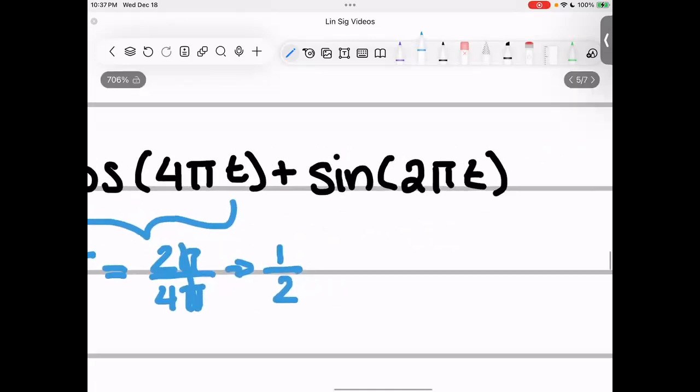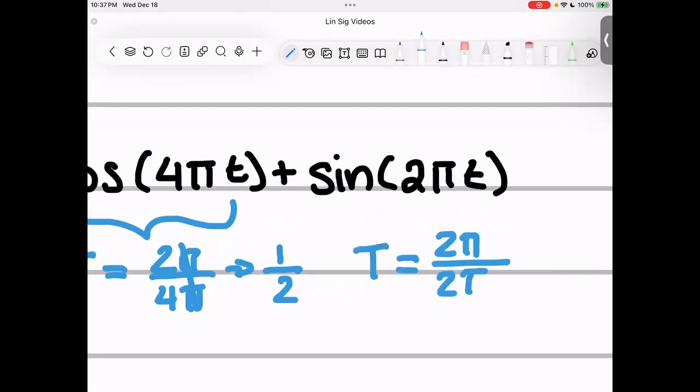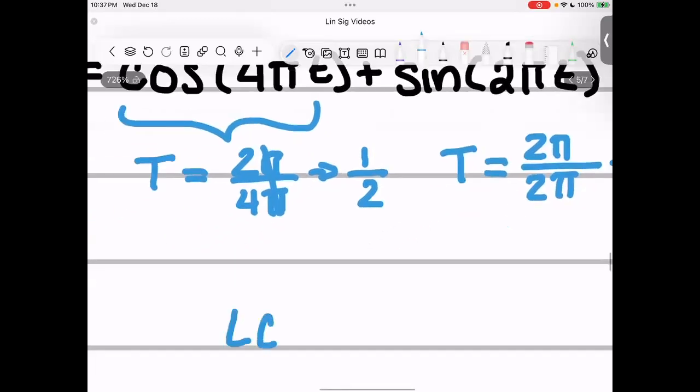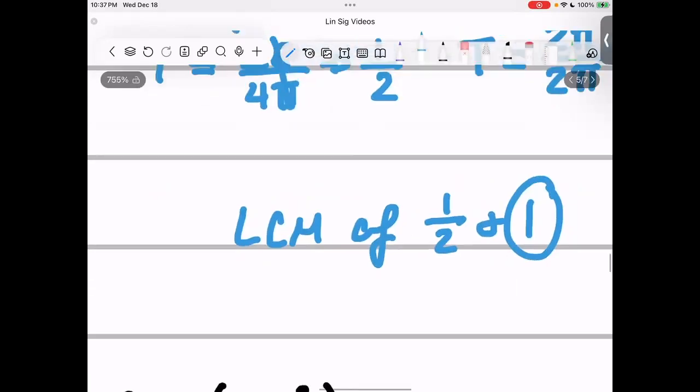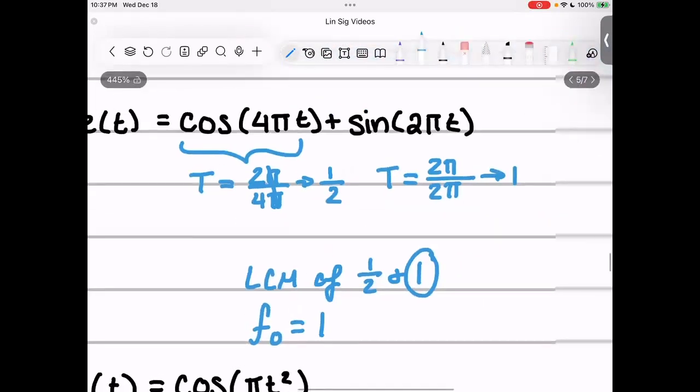And in this one, we're going to end up with T equals 2 pi over b, which is 2 pi, so we're going to get 1. Now we're going to find the least common multiple of 1/2 and 1, which in this case is 1, very convenient. Then our frequency is also 1, because 1 over 1 is 1.